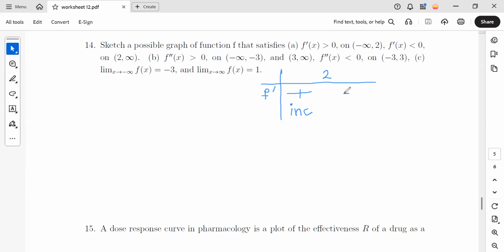After 2 it is negative, meaning decreasing. So when it is increasing, then decreasing, we would have a maximum here at x equals 2, and we don't know what f of 2 is.